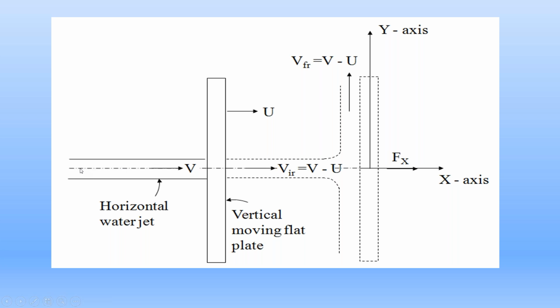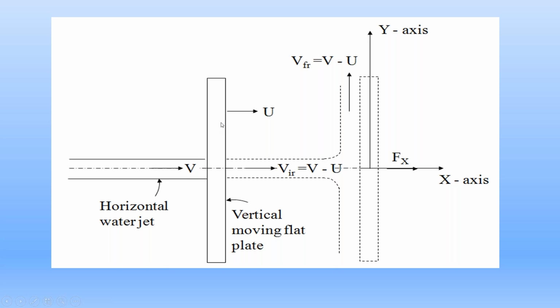The water jet is coming out from the nozzle with the absolute velocity v. The plate is a vertical flat plate. The flat plate is moving with velocity u, absolute velocity. This absolute velocity u is in the direction of velocity v.